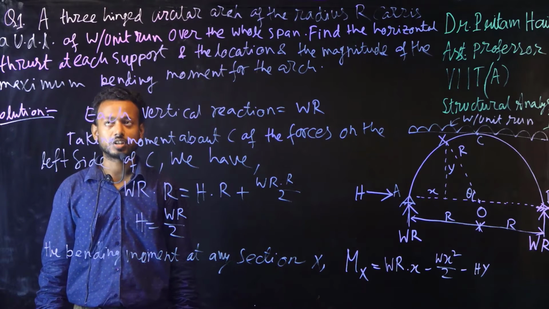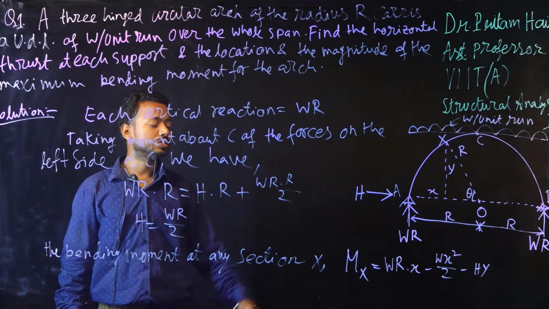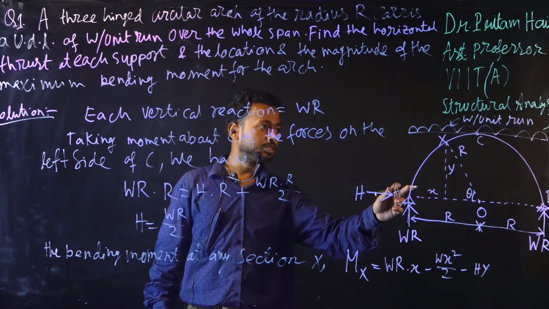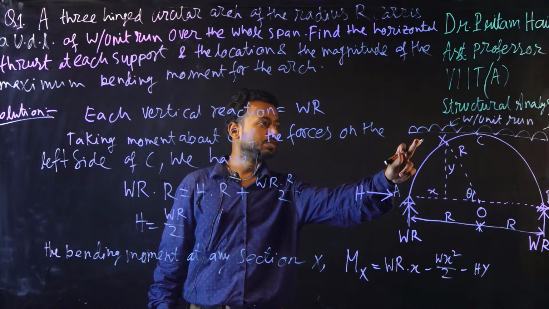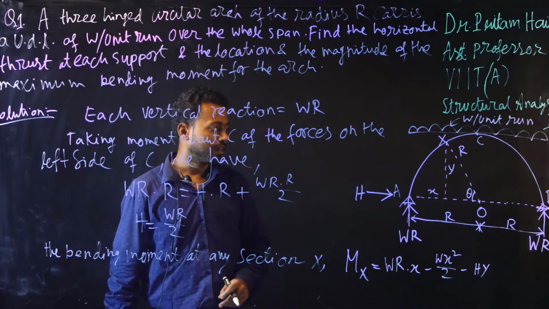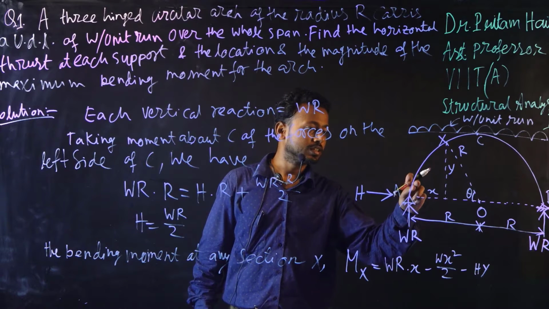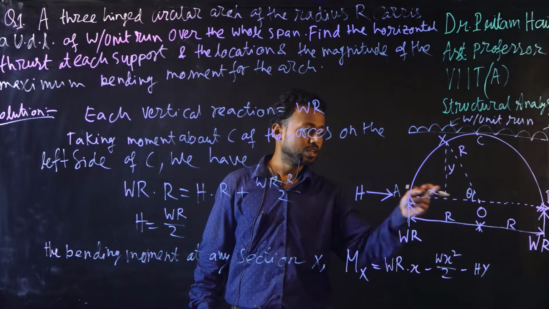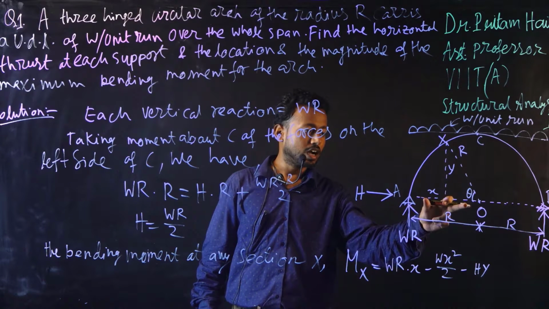Okay, so let's start. A problem is given here. A 3-hinge arch is subjected to uniformly distributed load W per unit run throughout its span. It is a 3-hinge semicircular arch, and the radius of the arch is r.